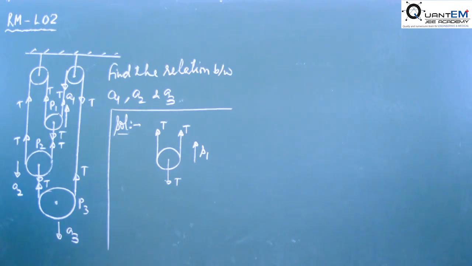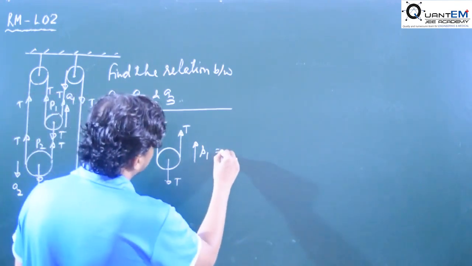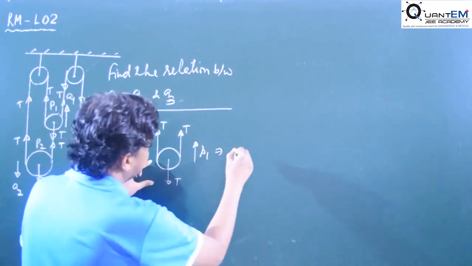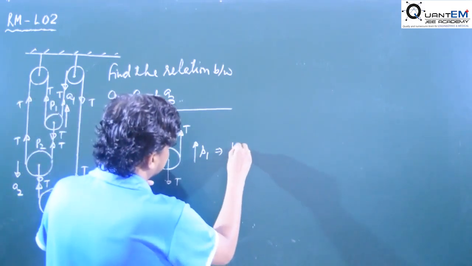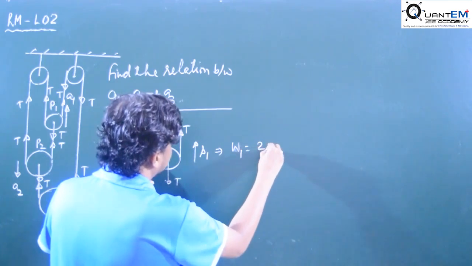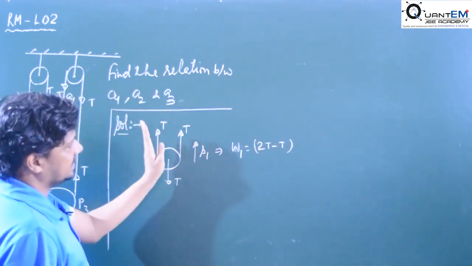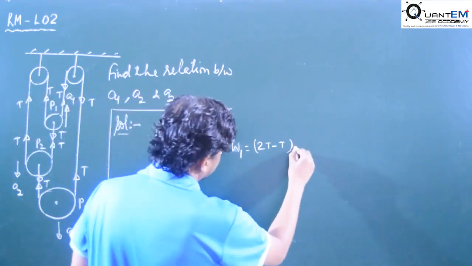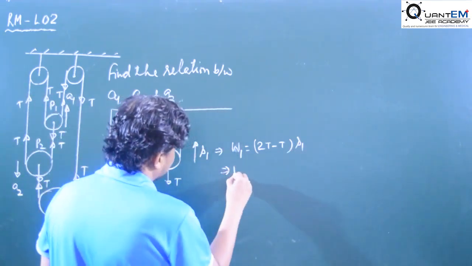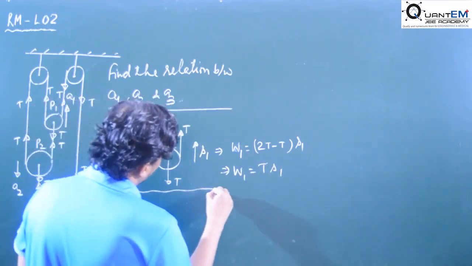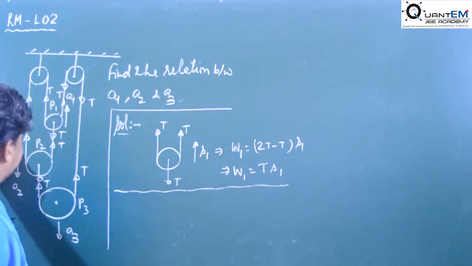Okay, so now see, what is net tension. Upper tension is 2T and lower is T. So work done, W1 is equal to 2T minus T. Now net tension T is in the upward direction, dot displacement. So work done is TS1. Similarly we come to the second pulley, it is P2.